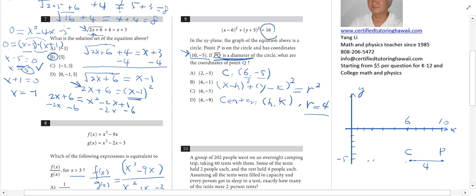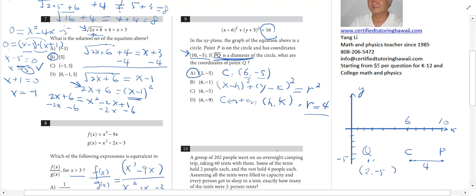The 4 units to the right is 10, and 4 units to the left is 2. So the x coordinate is 2, and the y coordinate is still −5. So Q equals (2, −5). That's why the answer for number 9 is A.